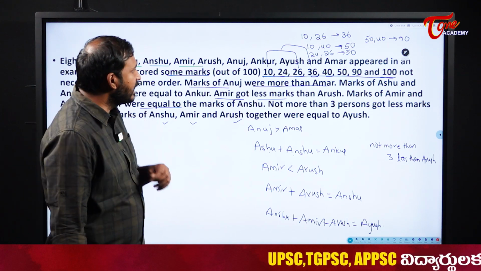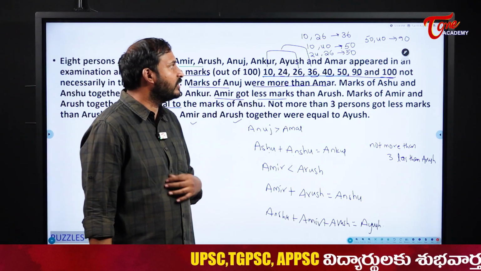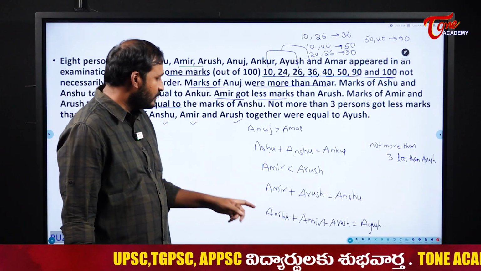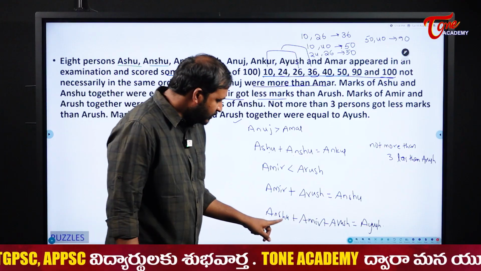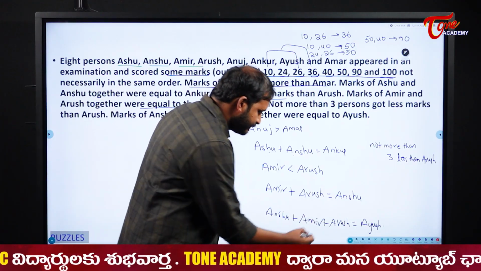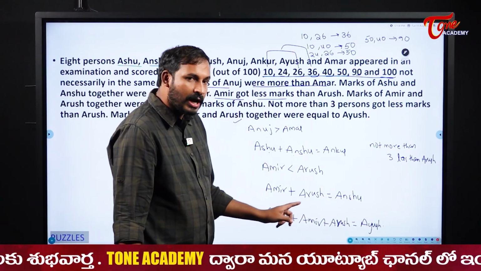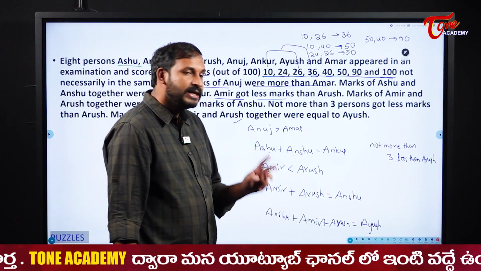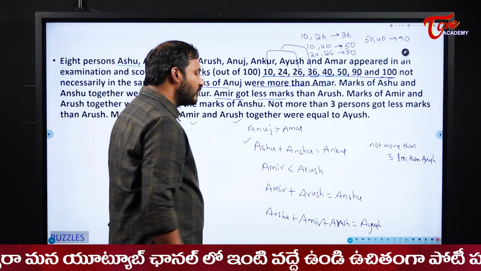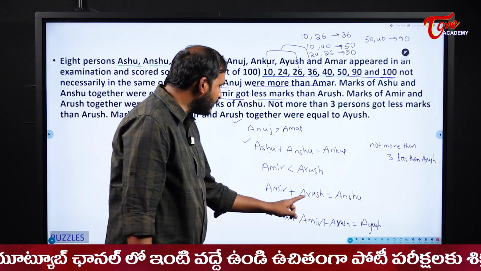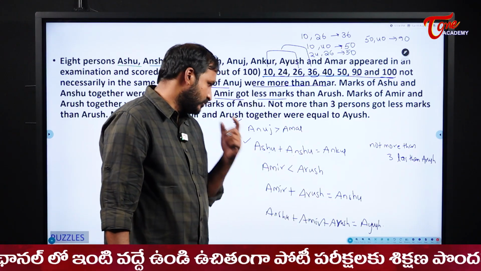The next is the sum of 3 numbers equal to 1 person: Anshu, Amir and Arush together equal Ayush. Ashu and Anshu marks equal Ankur, and Amir and Arush marks equal Anshu.